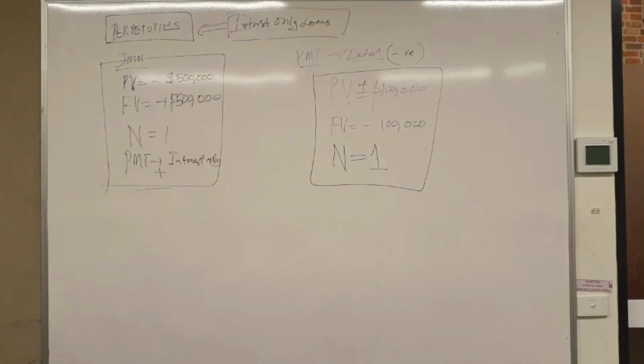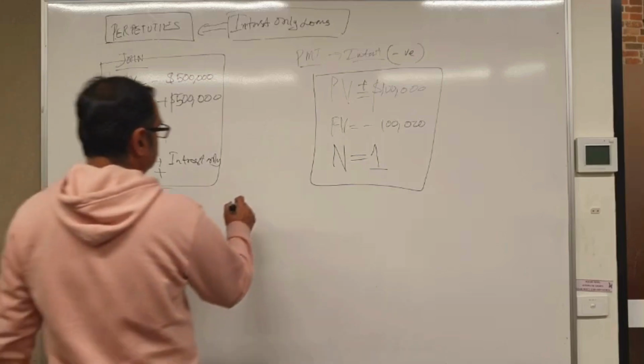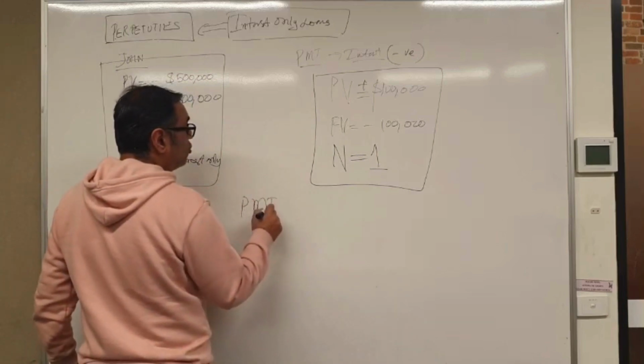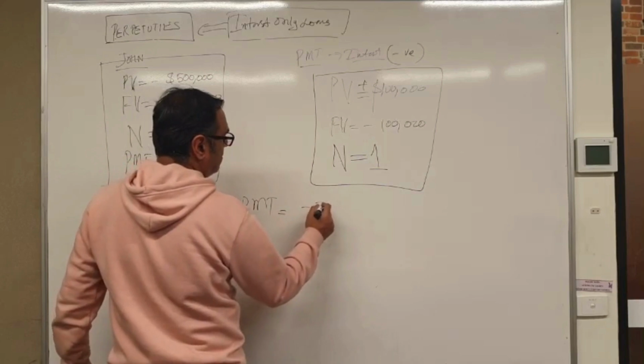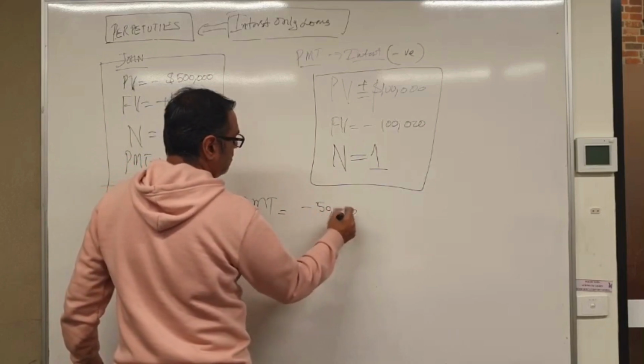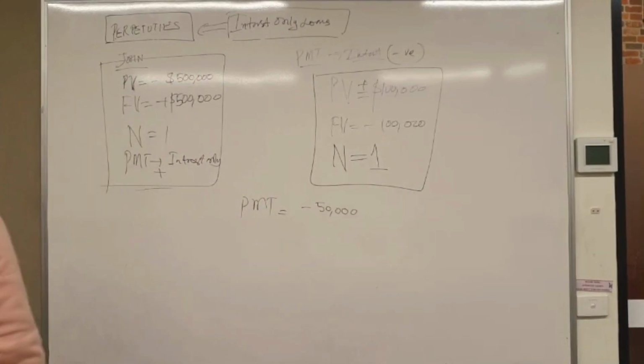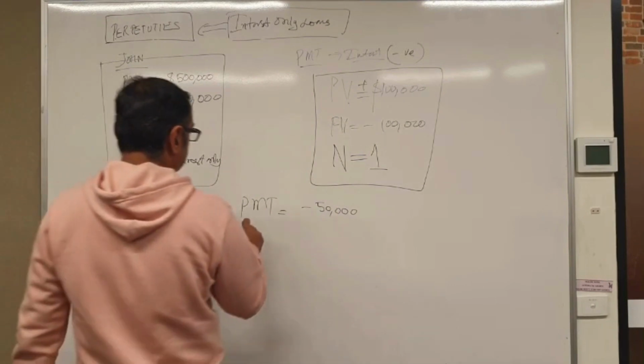So this says Jane borrows $50,000 to buy some shares. So your PV is 50,000 plus or minus, borrows, minus 50,000. Jane negotiates an interest-only loan, that means N equals 1.